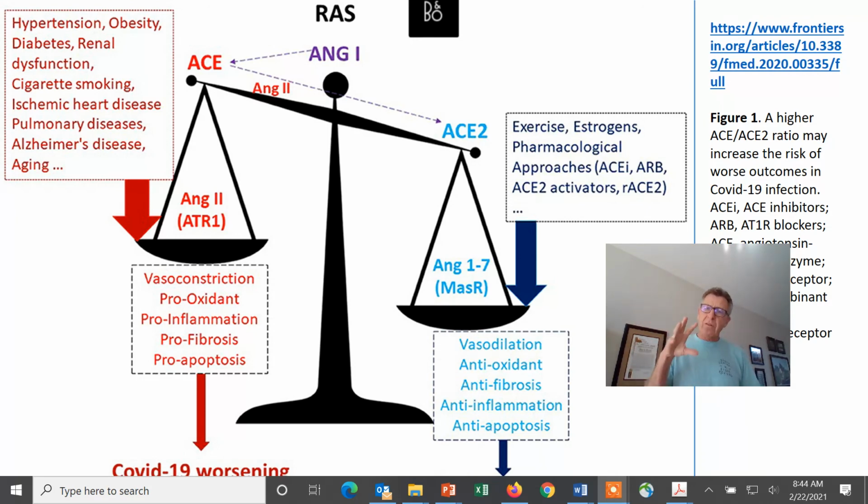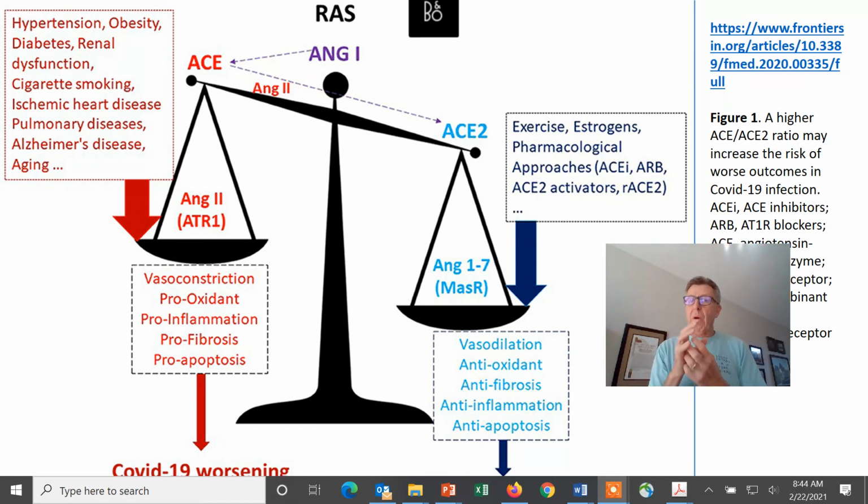What happens is the COVID-19 spike protein binds to ACE2. The ACE2 then sucks it into the cell. It's gone. Once the virus is in your cell, it turns your cell into a new virus making machine. Poof! It kicks more viruses out into the blood.